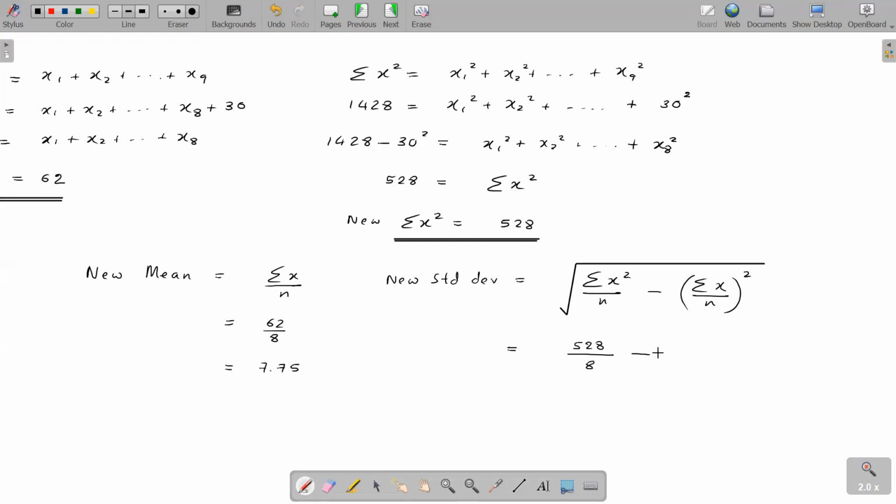Minus sigma x over n, which is 62 over 8, all squared, under the square root. When you type everything in the calculator, it becomes 2.436698, and it goes on, right? So basically it's 2.4366 or 2.44, correct to 3 significant figures. So that's the new standard deviation. Okay, is this clear?